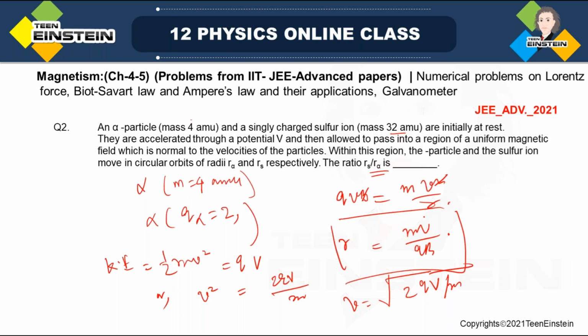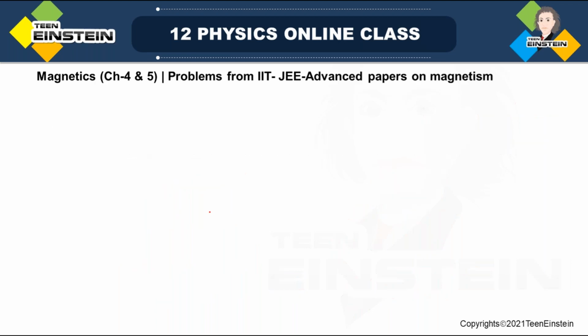So if we put it here in the place of v, what we will get is r equal to 1 over B times the square root of 2mV by q.